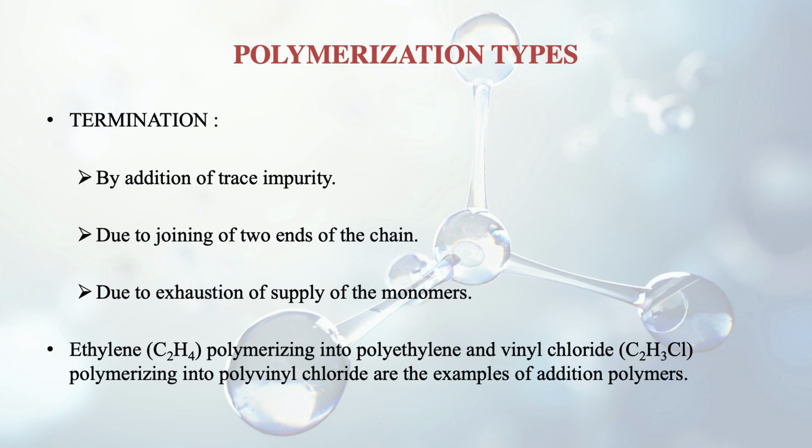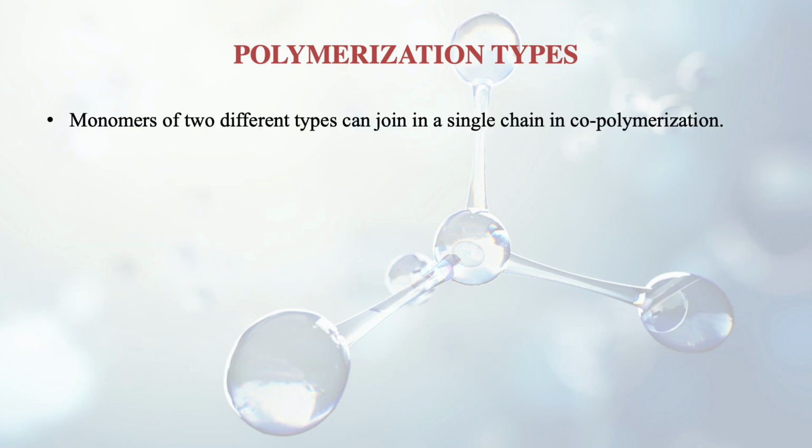So, one process we have discussed, that of addition polymers. Monomers of two different types can join in a single chain in copolymerization. In addition polymerization, there was a monomer of a single type only. Here the monomers may be of different types, and this process is called copolymerization.